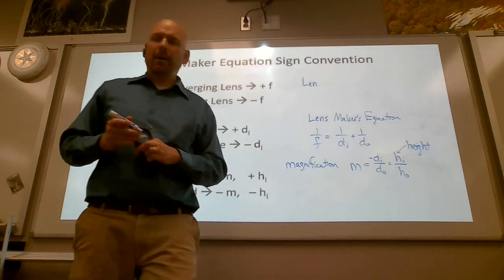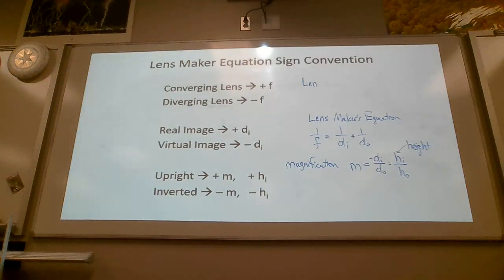Okay, the height of your object, height of your image. Good with that? So those are the equations you're going to be dealing with. I will give you this sign convention. You will not need to memorize that.